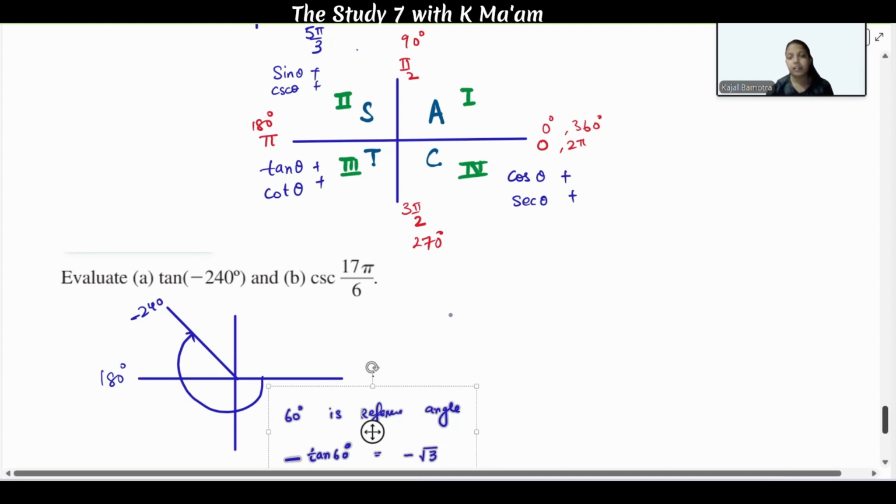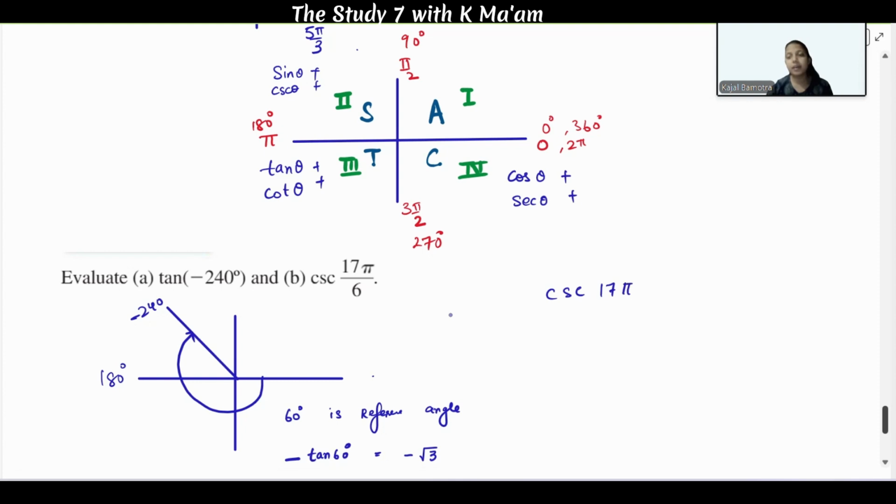Next. It's cosecant of 17 pi by 6. We have to find the reference angle. 17 pi by 6. I subtract 2 pi, which is 12 pi by 6. 17 minus 12 is 5 pi by 6.